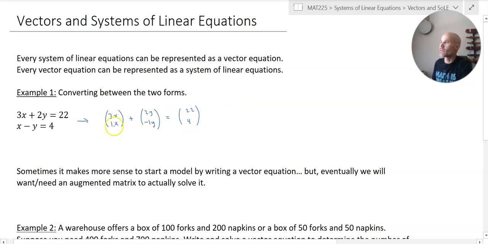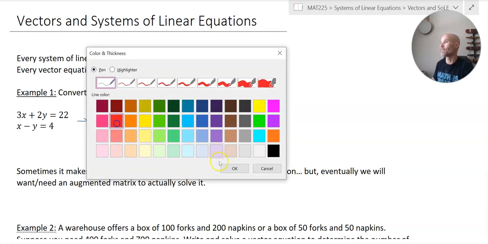Now, in order to get this into the proper vector form that we want, the reason we bundled the x's together is because now I can factor out x, it's just a scalar, a multiplier on the components 3, 1, and here y is a multiplier on the components 2, negative 1, and that leads to the constants 22 and 4. So this right here is my vector equation representation.